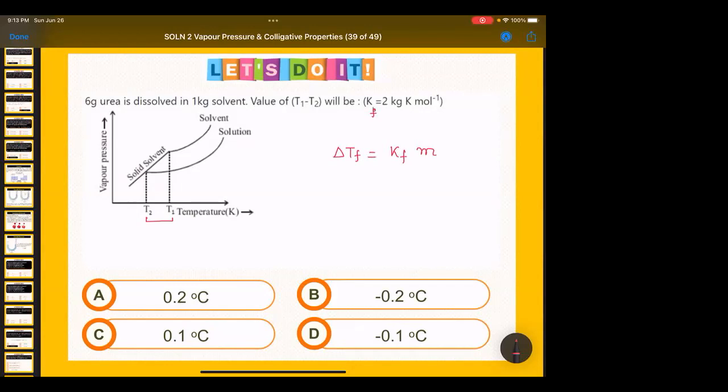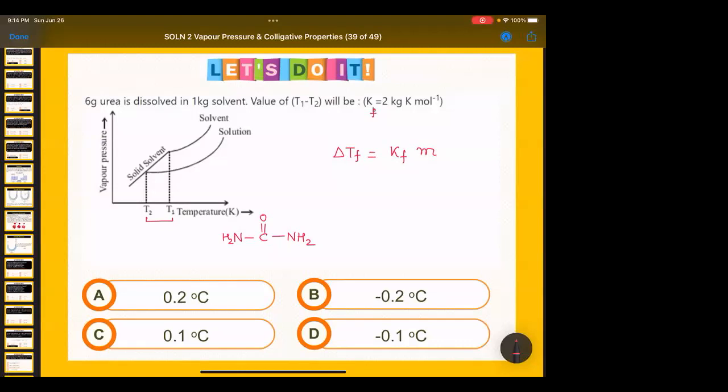So what is the formula for urea? Yeah, urea is a very important compound. It is NH2CONH2, right?